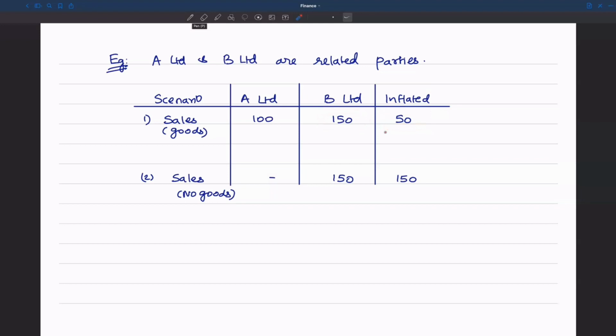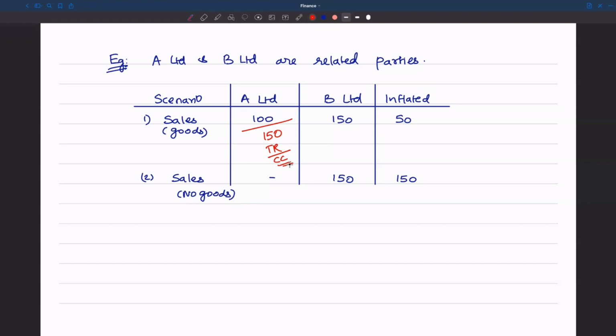Now what is the benefit of this inflated 50 million for A Limited? For A Limited, their sales will become 150 instead of 100, and as a result, their trade receivables will also increase, and as a result, the money they can draw through cash credit will also increase. It is because they have artificially inflated.